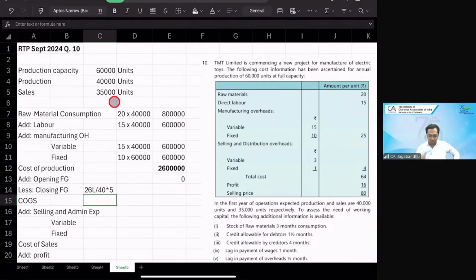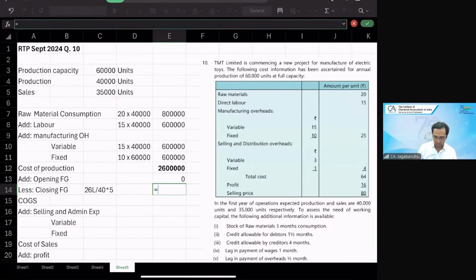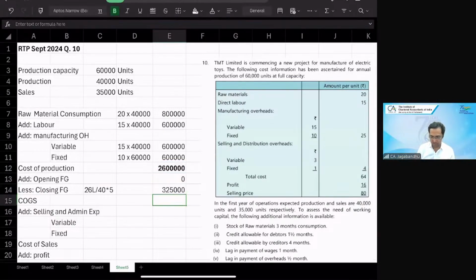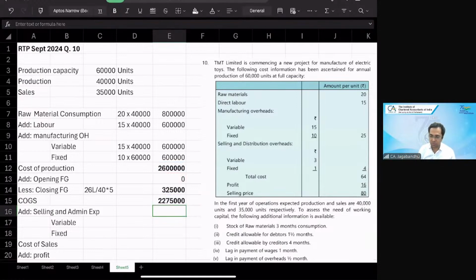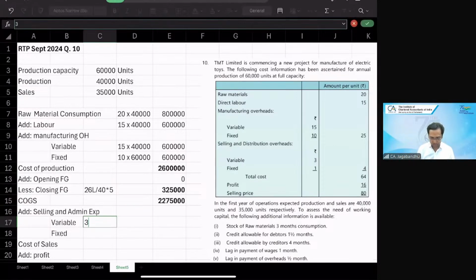So we have 5,000 units in stock. So this is 26 lakh divided by 40 into 5, which is 3,25,000. So we get the cost of goods sold as cost of production plus opening finished goods minus closing finished goods, which is 22,75,000.